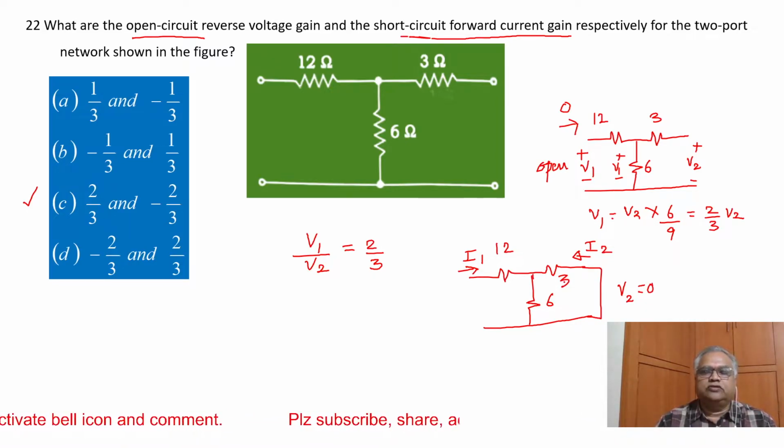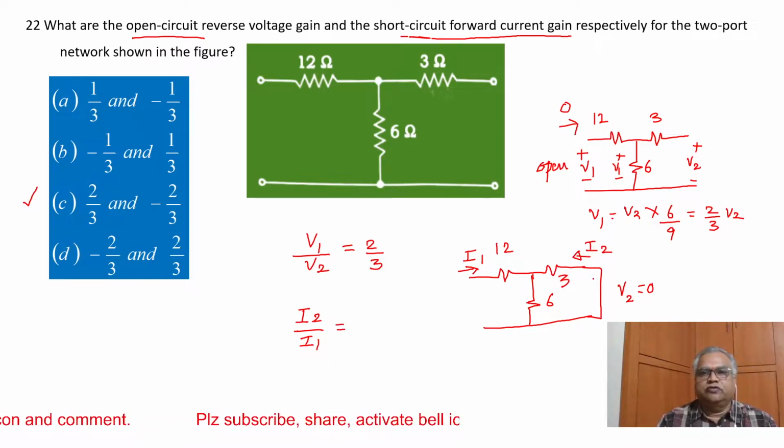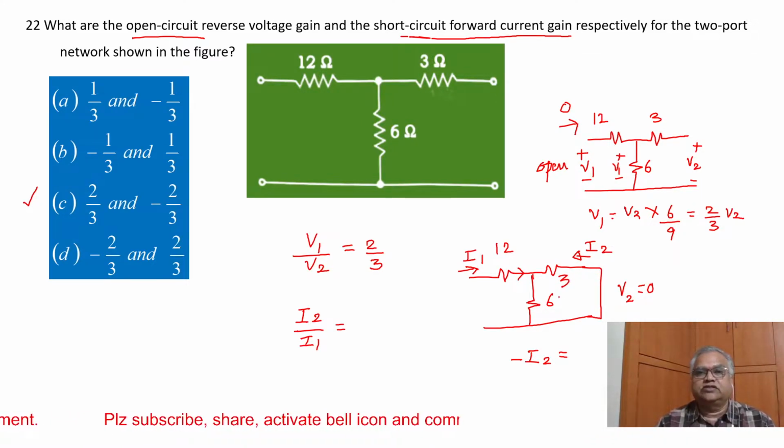So we want short circuit forward current, I2 by I1 we want. So what is this current when I1 is entering? What is minus I2 value? So I1 is entering. This current is coming up to here. Now this is shorted. Current is dividing between 3 and 6.